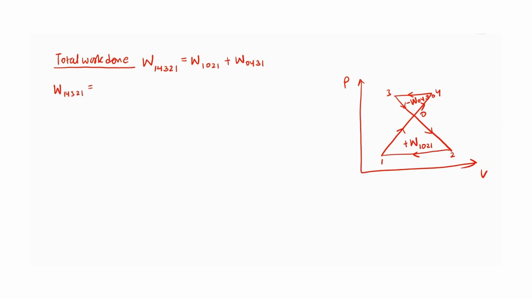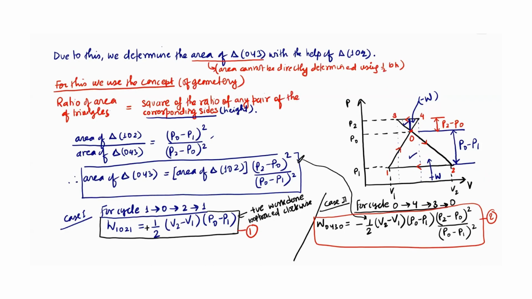So this equals, now we know work done in cycle 1021 is half times V2 minus V1 times P0 minus P1. So let us write it, okay.